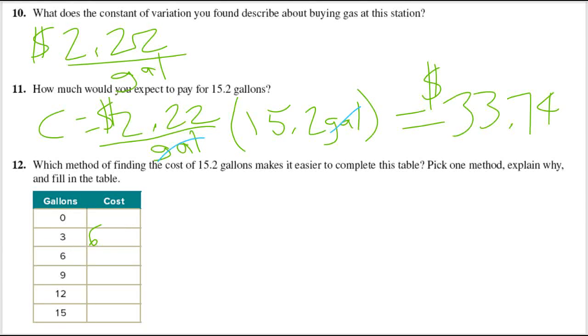So 3 gallons cost $6.66. 0 gallons cost $0. Multiply 6 times 2.22.